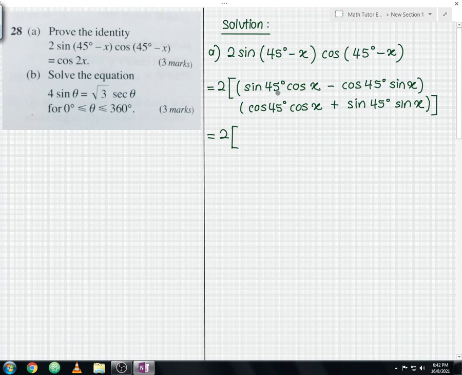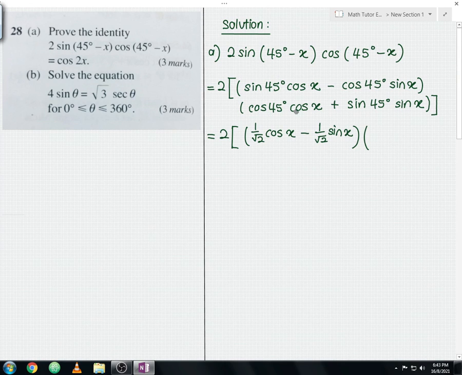From here, sin 45° will be 1 over square root 2 times cos x, minus 1 over square root 2 times sin x. Close bracket. Then continue with the second expansion.